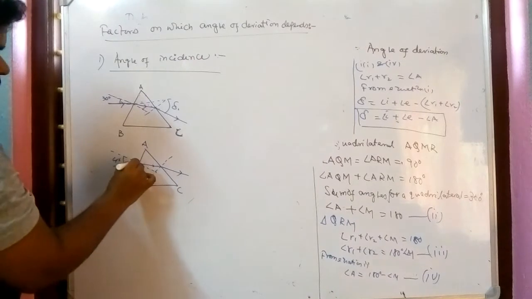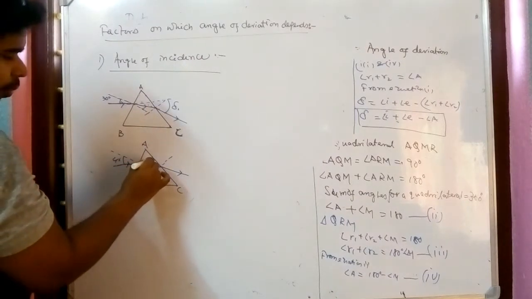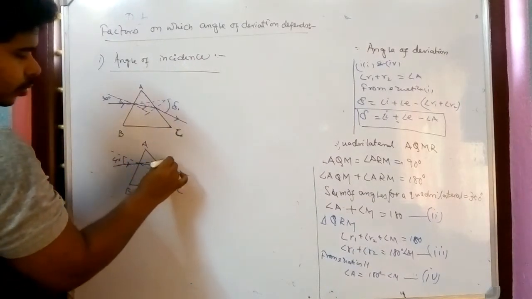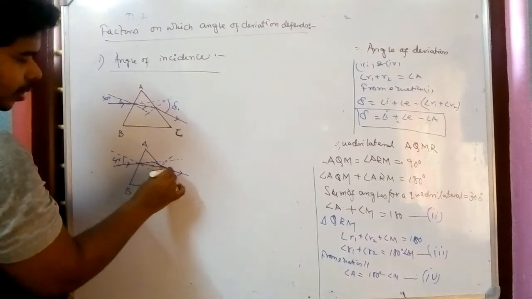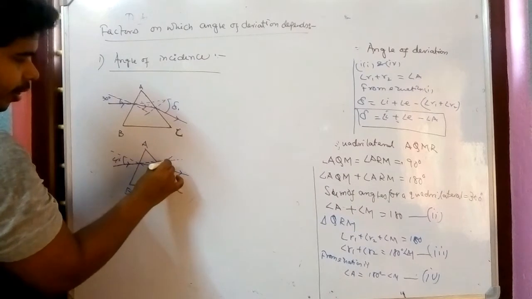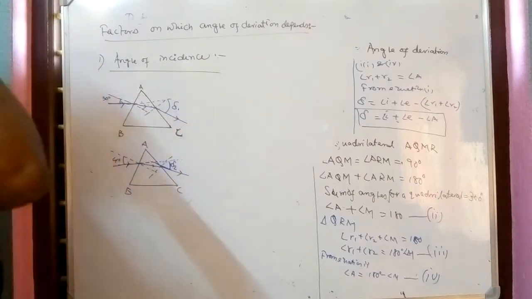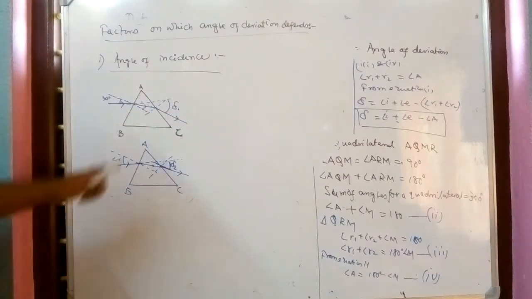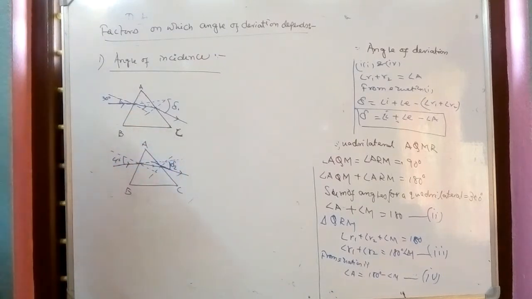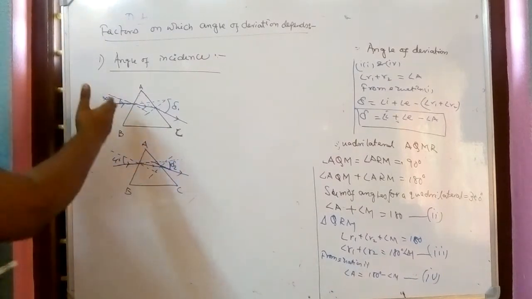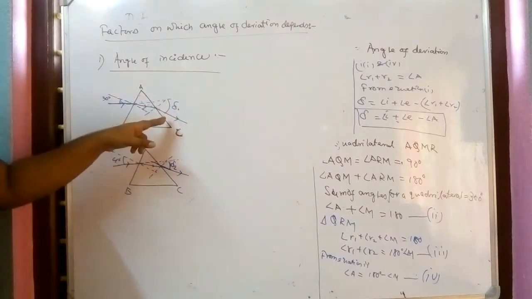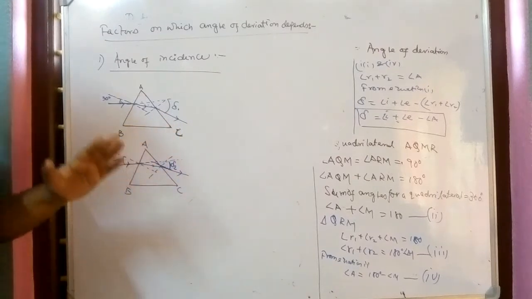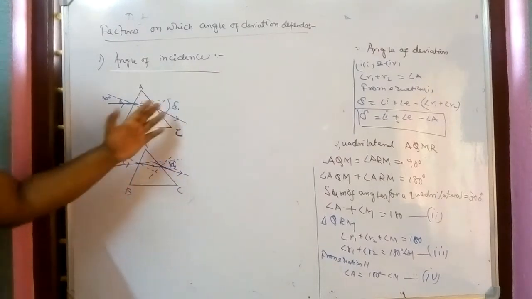I have shown you the path the light ray would take, but due to the presence of the prism it has come on this path. That is the angle of deviation delta 2. If I compare the deviation in these two cases, as the angle of incidence increases, the deviation decreases. Delta 2 is a little less than delta 1.